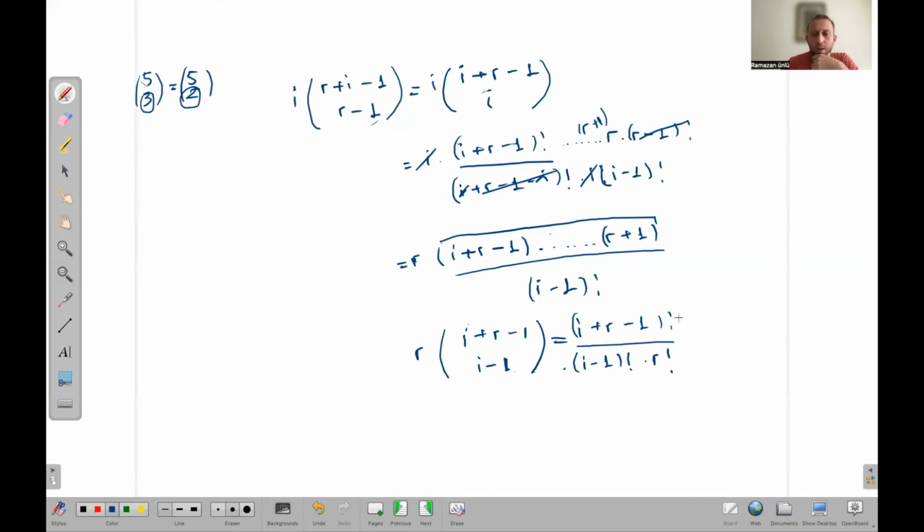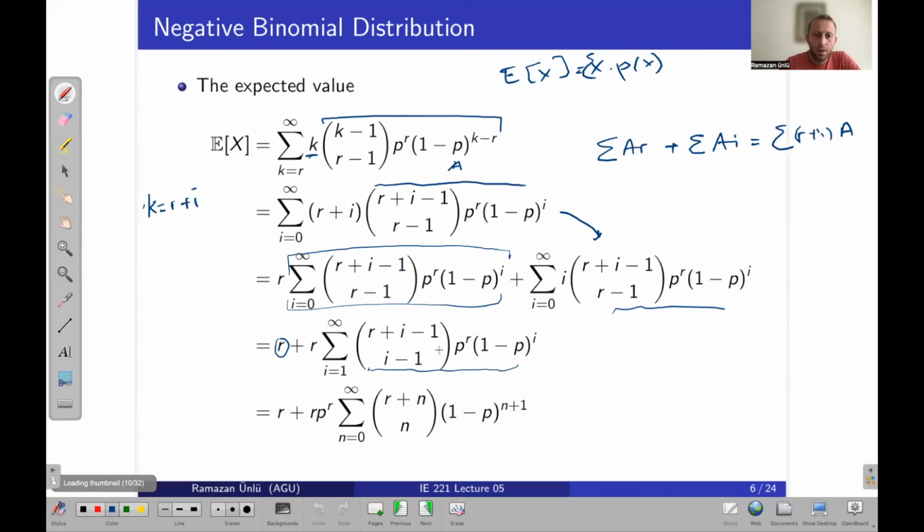So if I open this one, I can make some cancellation, and I will get this one. So that's why I can rewrite this part as this one. Okay. So I can make just a trick to write this part as this one.